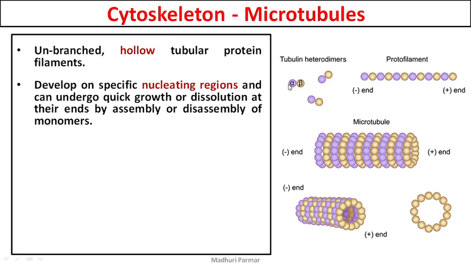This alpha and beta tubulin form a heterodimer. Hetero means different, di means two, and mer means monomers: two different monomers have come together and are forming this structure. So these are the tubulin heterodimers.